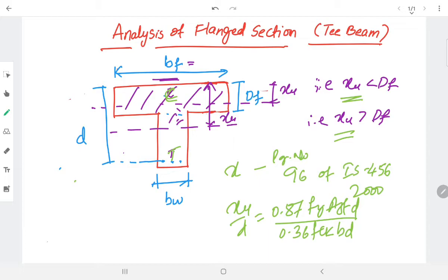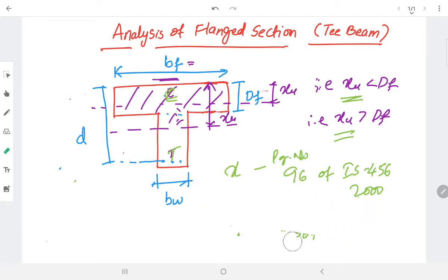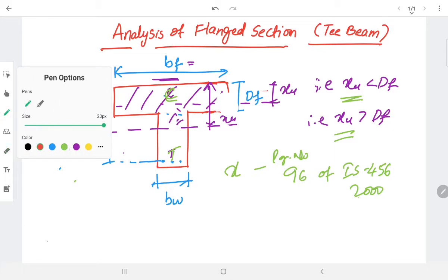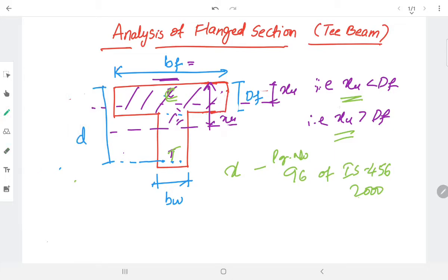We'll use this equation to find out xu. Later we'll compare whether xu is within the flange or away from the flange. It depends where exactly it falls, and we need to find that out.